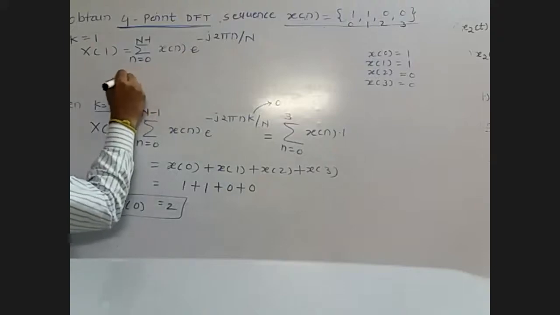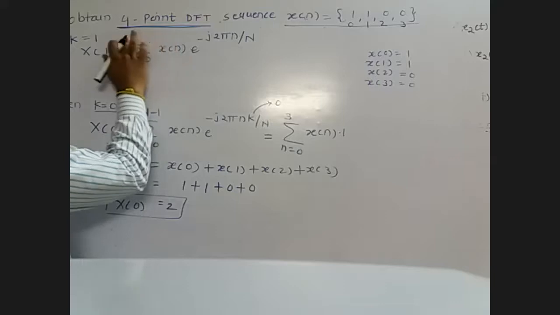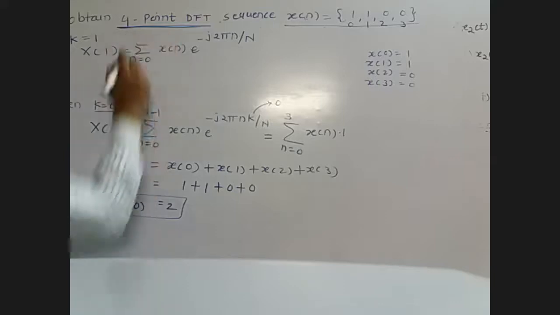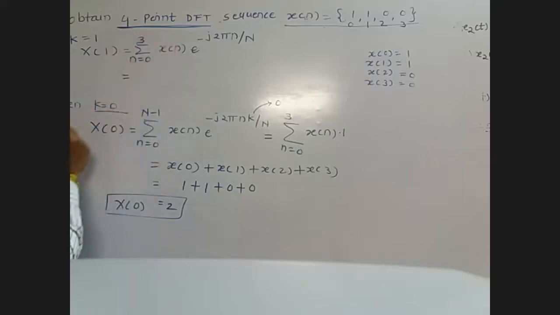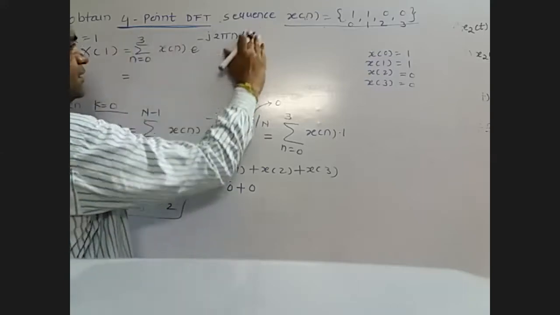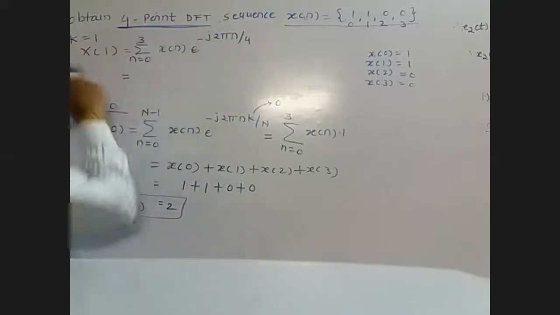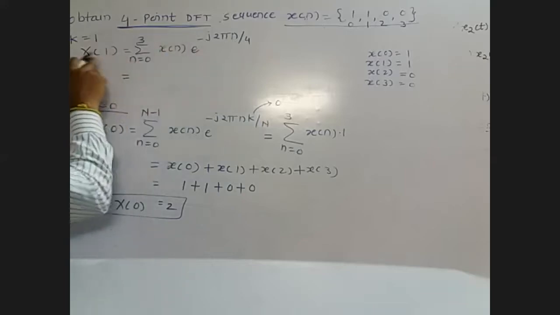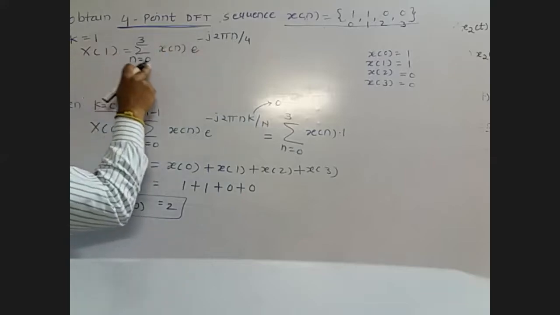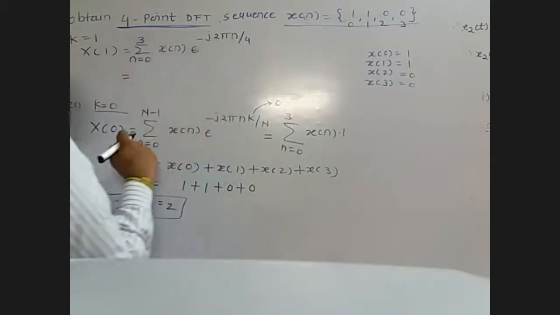Here I am putting the value of N. Sorry, N is 4, so 4 minus 1 is 3, and here it is also 4. Now this will be the final expression: X of 1 is equal to the summation of n equal to 0 to 3 of x of n e raised to minus j 2 pi n by 4.